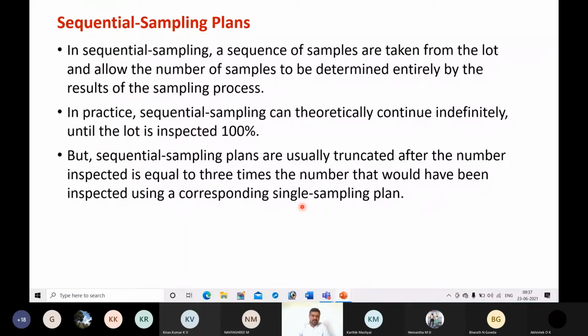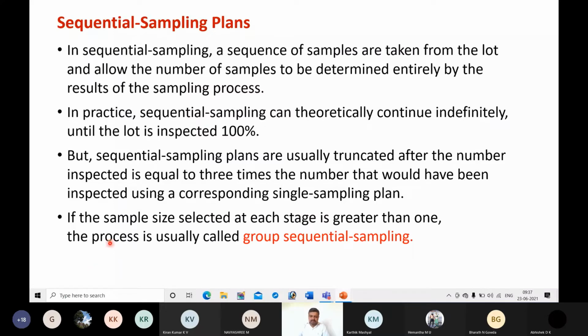Next, if the sample size selected at each stage is greater than 1, the process is usually called group sequential sampling. Here we are taking samples one after another, but at each stage we pick more than 1 unit, so the sample size will be more than 1.